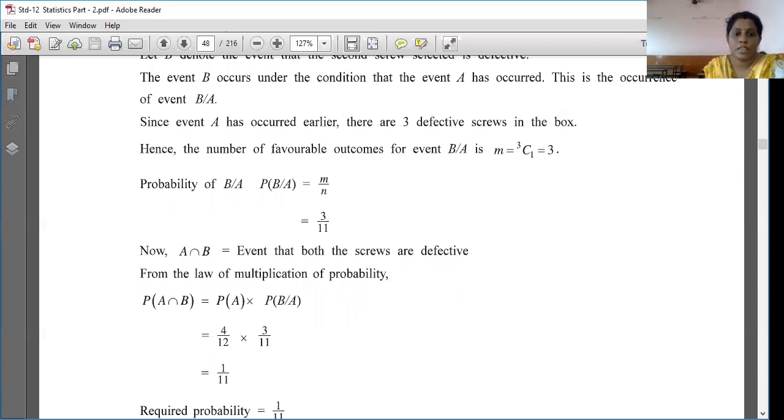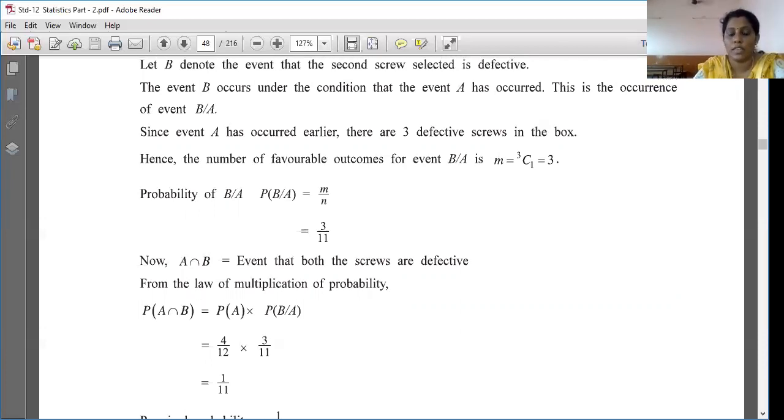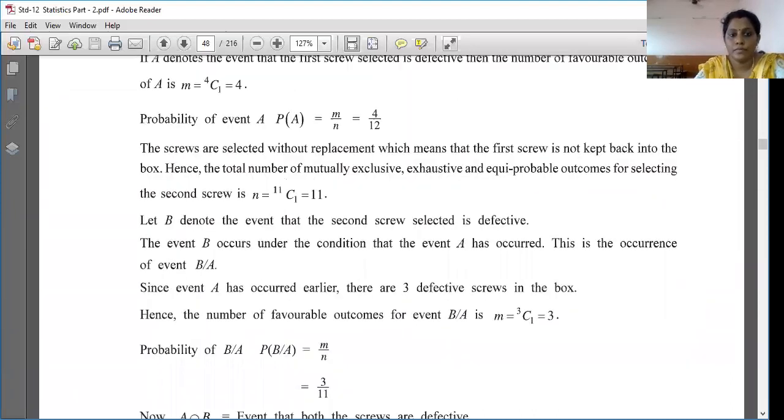See here, in the second event, that is event B, what they have given is B by A. The event B occurs under the condition that event A has already occurred. So this is also an important question.